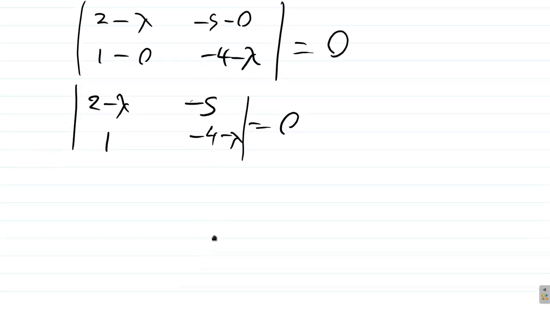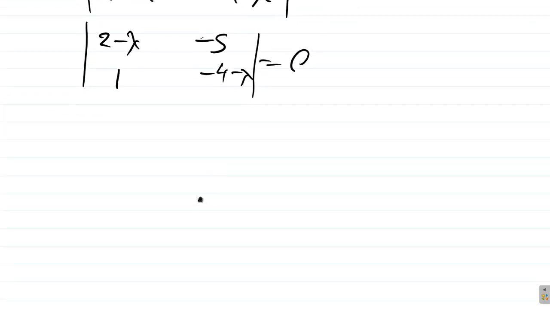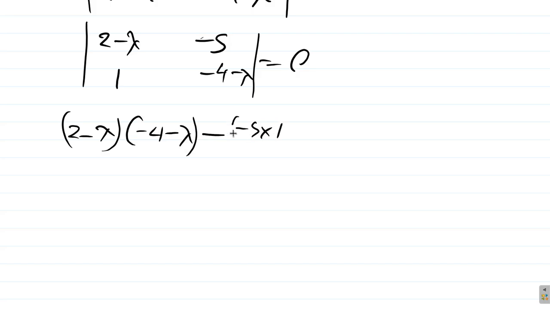Now you remember how to calculate the determinant of a 2 by 2 matrix, also called a second order matrix. Remember the AD minus BC, this time this minus this time this. So you have 2 minus lambda, negative 4 minus lambda, minus negative 5 times 1 equals 0.